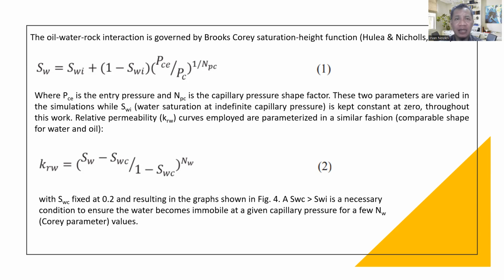This function characterizes the relationship between the saturation of water and oil in the rock at the capillary pressure. It helps in understanding how fluid moves and is distributed within porous rock formation, which is important for studying phenomena like water perching and predicting the behavior of the reservoir.